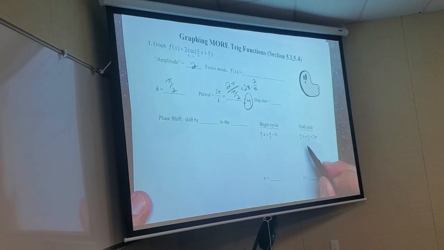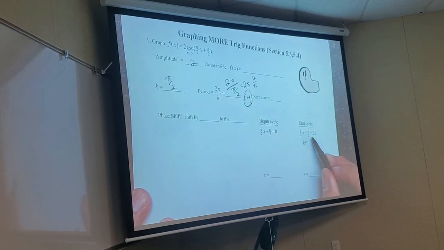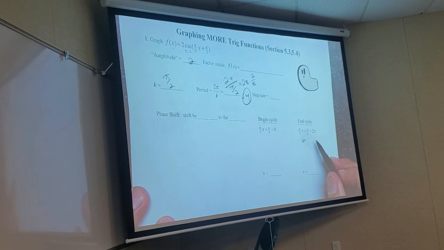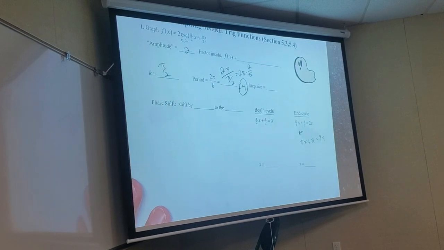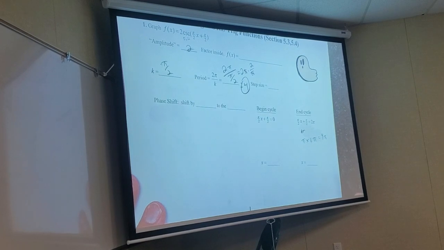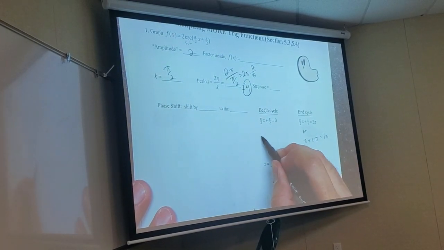Well, let's see. First thing I would do here, what do you guys think I would do first? I don't like those fractions. So I multiply everything by 2. Oh, where did it begin, by the way? So again, I can multiply everything by 2.